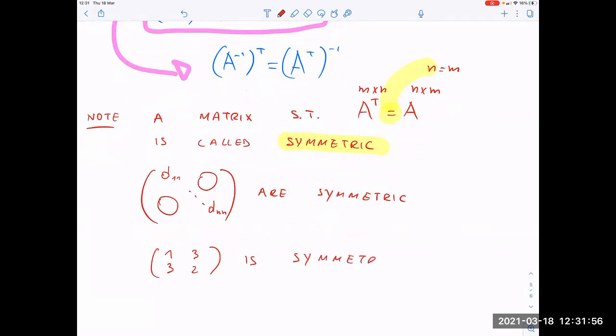So symmetric basically means that the off-diagonal elements are equal across the diagonal. It's just that. And the diagonal can do everything you want. So if you have all zeros outside the diagonal, it is automatically symmetric. You can have it symmetric even if you don't have only 0 outside the diagonal. Okay.